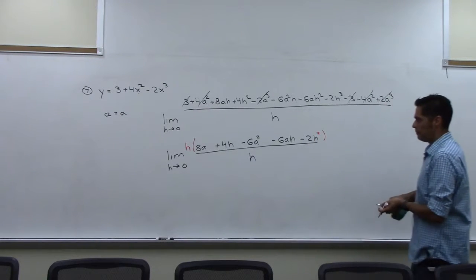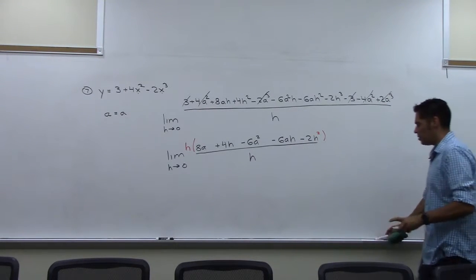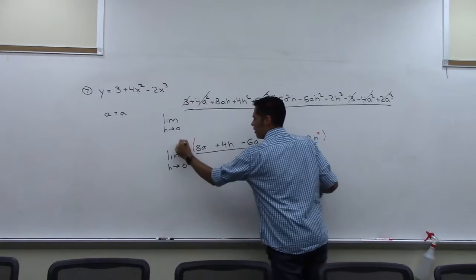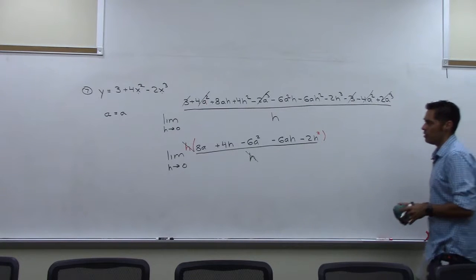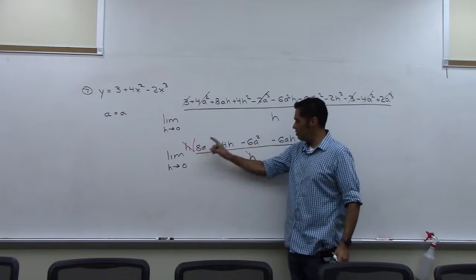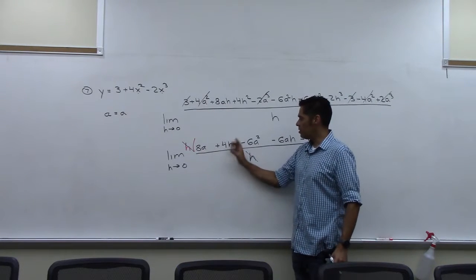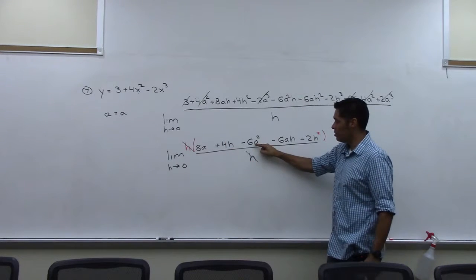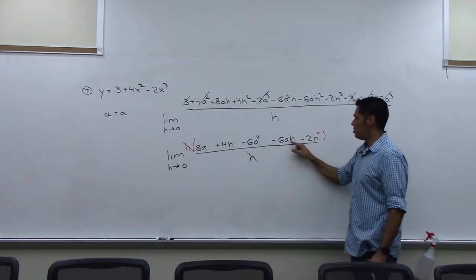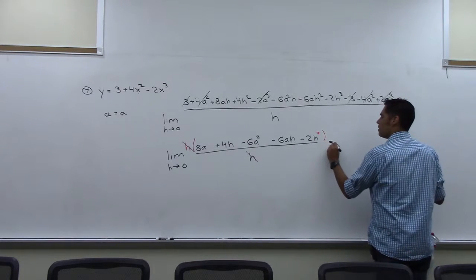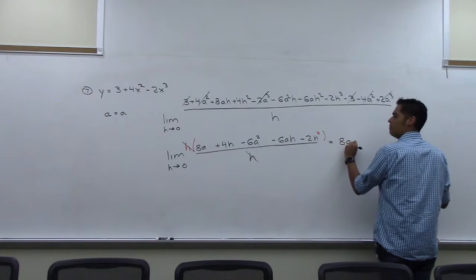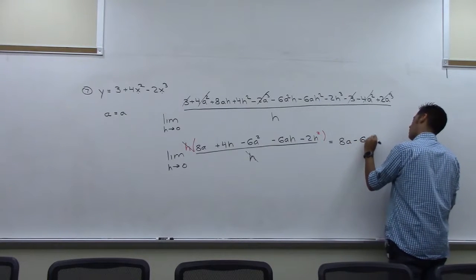Like that. And then those h's will go away. And at this point, I can let all my h's go to 0. So this doesn't have an h in it, so it's going to stay. This goes to 0, that's gone. This does not have an h in it, so it's going to stay. This has an h in it, so it's gone. This has an h in it, it's gone. And so the only thing left is 8a minus 6a squared.